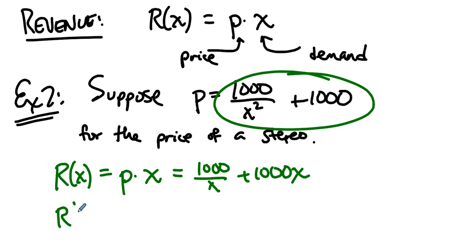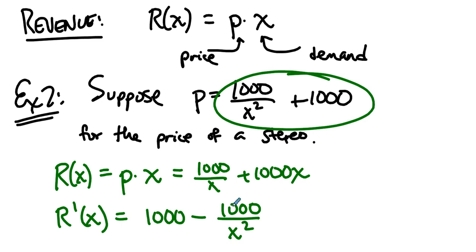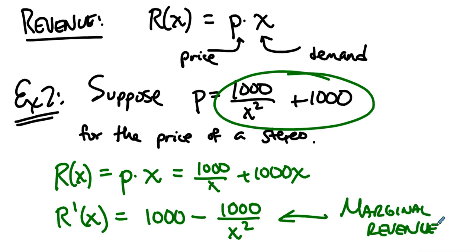So what do we gain if we find r prime? And I won't bore you with how we find r prime. What does this tell us? This is the marginal revenue. It is the revenue we expect to bring in by upping our production from x by 1.